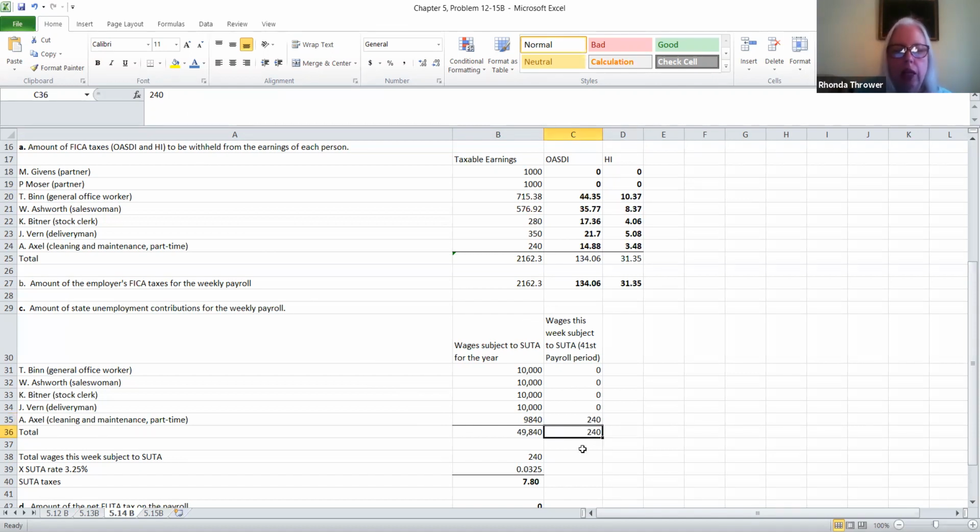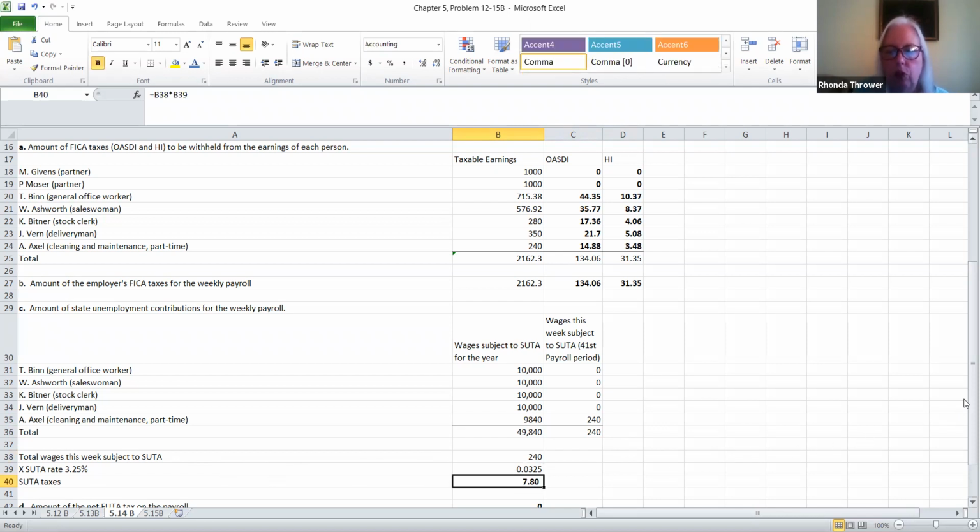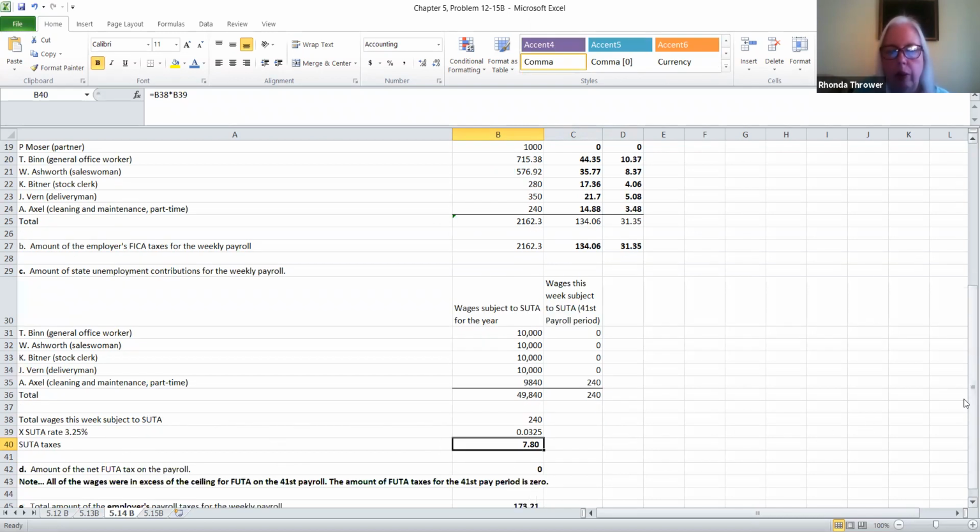So the total wages that are subject to SUTA is just this $240 that we would multiply by the SUTA tax rate that was given at 3.25%, and the amount of SUTA taxes that are owed by this company is $7.80.